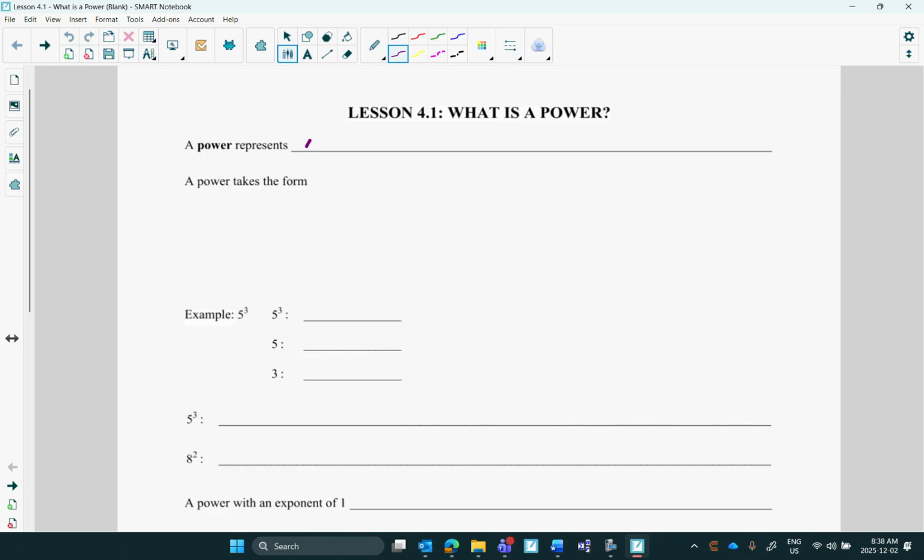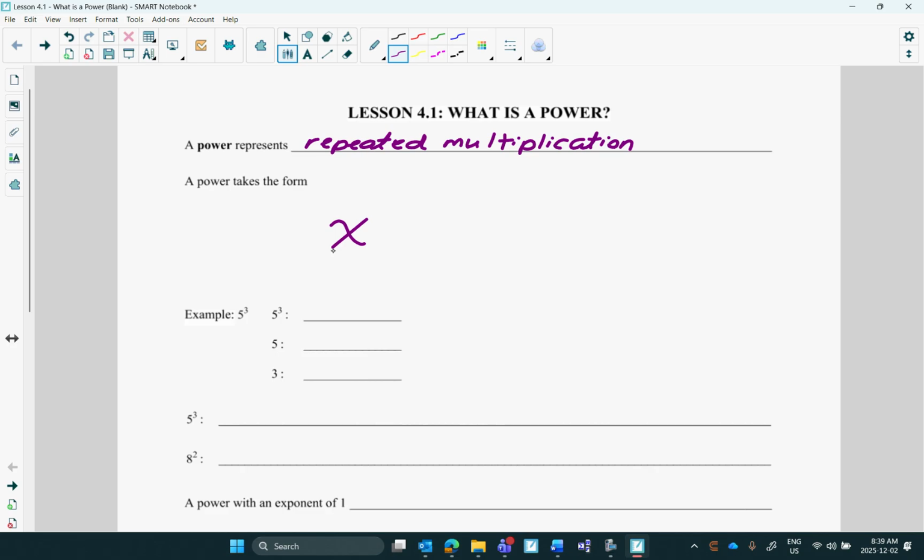It's taking some number and multiplying it by itself a certain number of times. And what does the power look like? Well, it has two numbers.